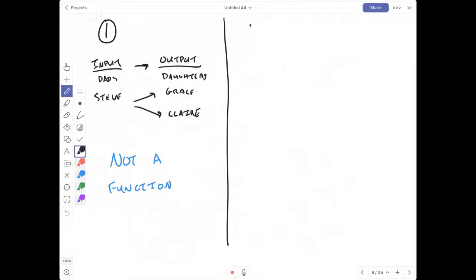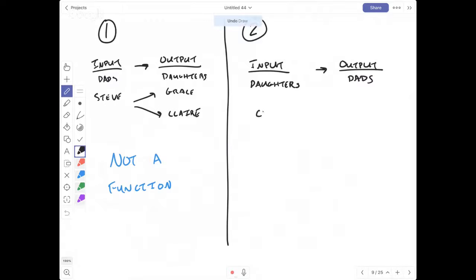But over here, a different relation, if we input daughters and output dads, then Claire, my sister, has exactly one output, Steve, and Grace, my other sister, has exactly one output, Steve.